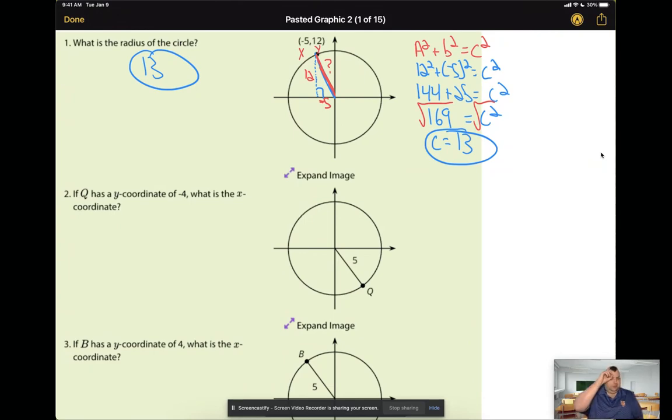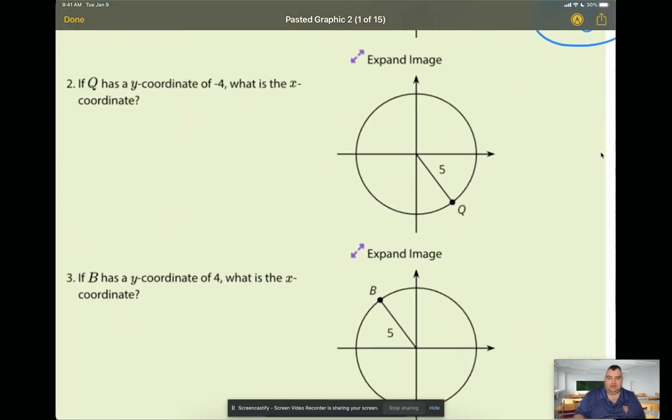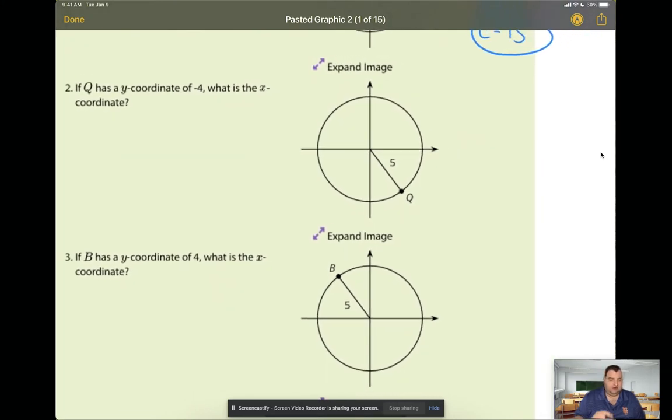Number 2, if Q has a y coordinate of negative 4, what is the x coordinate? So notice, according to our diagram, we have a radius of 5. Okay? And what they're telling us is we don't know the x value, but we know that the y value is negative 4.